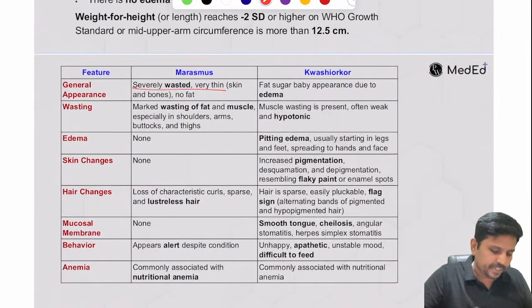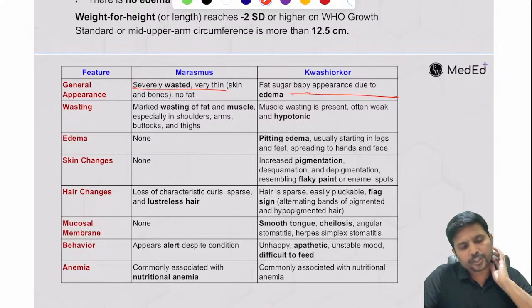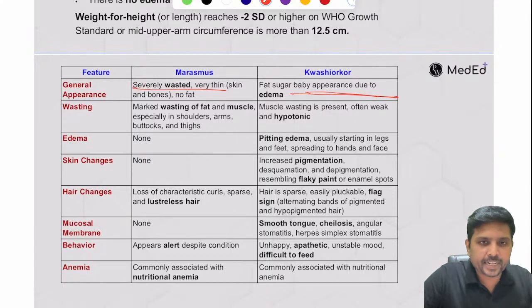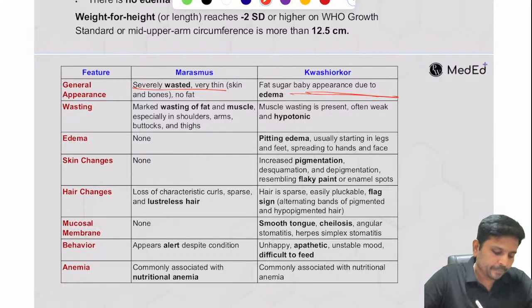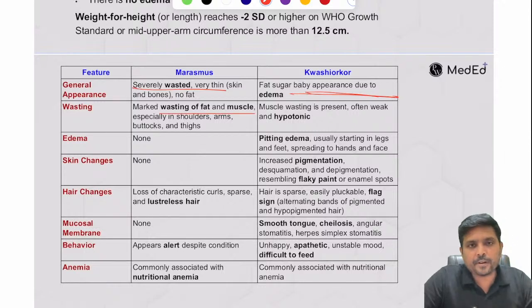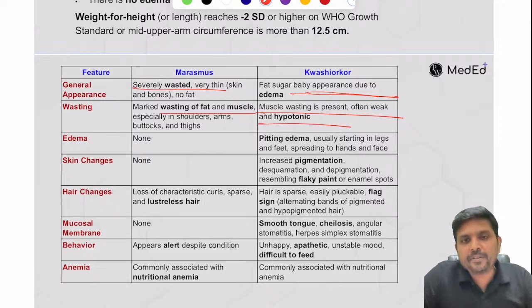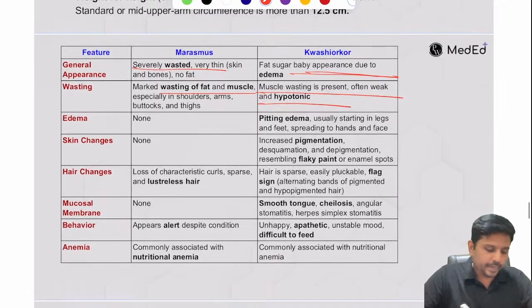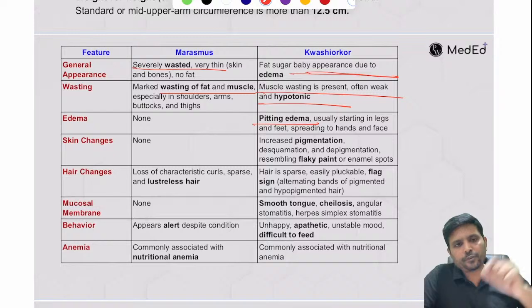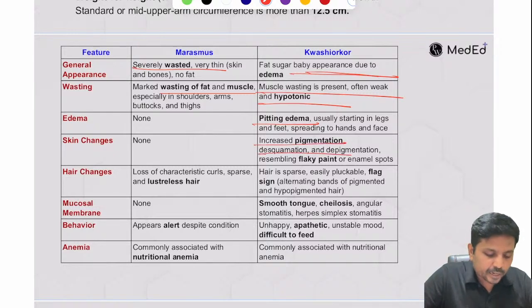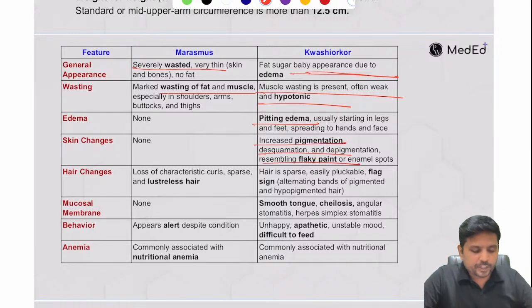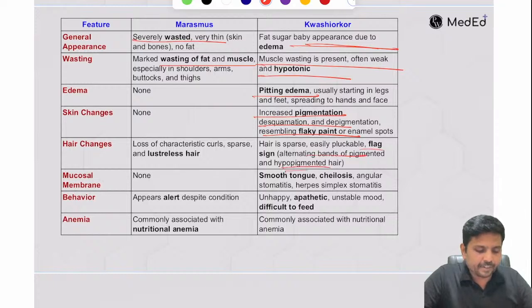So severely wasted, kwashiorkor edematous weight gain, that is not normal weight gain. Here is wasting of fat and muscles. Edema is a manifestation of kwashiorkor. Skin changes are a manifestation of kwashiorkor. Hair changes are a manifestation of kwashiorkor.